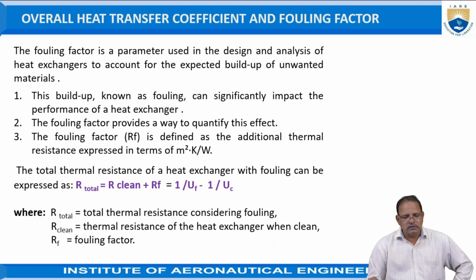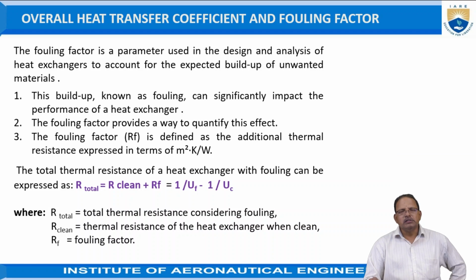The fouling factor RF is defined as the additional thermal resistance, expressed in meter square Kelvin per watt, because of the unwanted layer forming inside as well as outside of the tube.